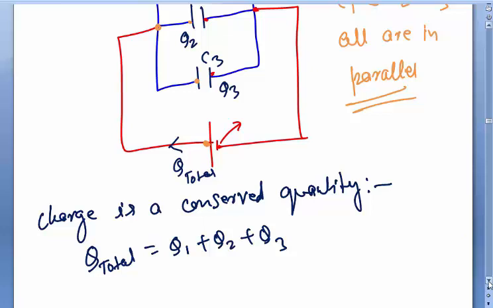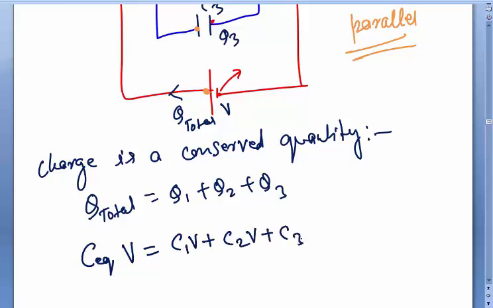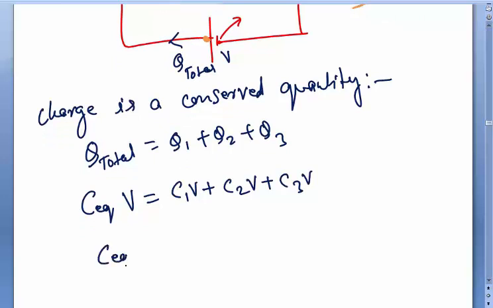So it means that if we write Q total as C equivalent into V, with V the potential difference of this battery, then we can write it as C1 into V plus C2 into V plus C3 into V. It means that we can write C equivalent is equal to C1 plus C2 plus C3.